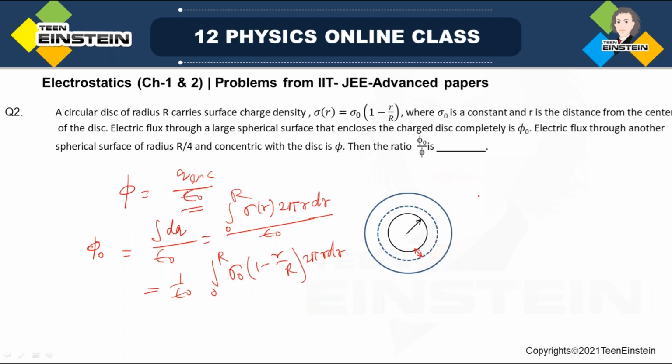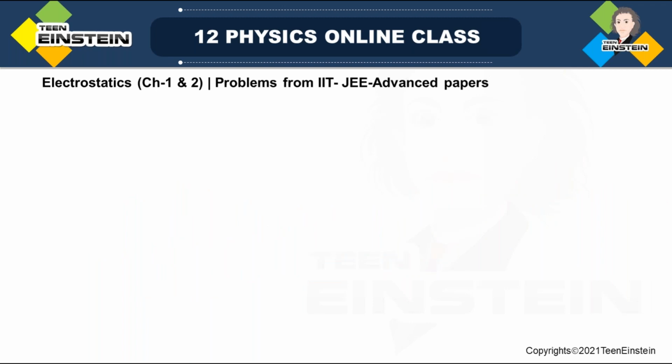In that case, phi is given, simply the limit will be different, otherwise things are the same. So this is the limit, sigma 0 into 1 minus r by R, 2 pi r dr.